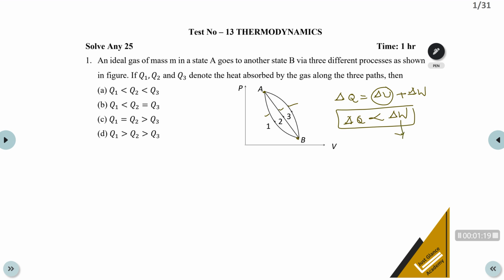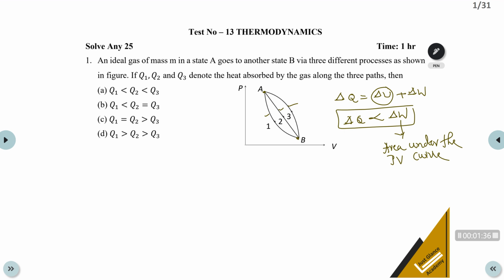And we know that work done is nothing but the area under the curve. The area under the PV curve always represents work done.